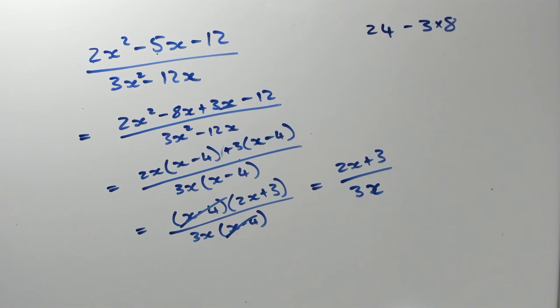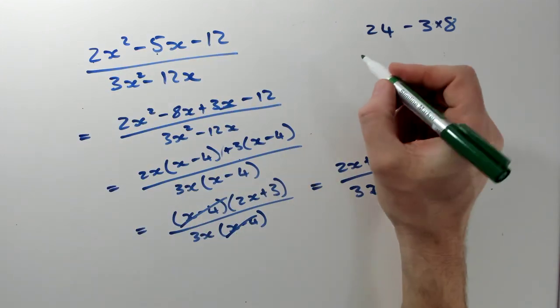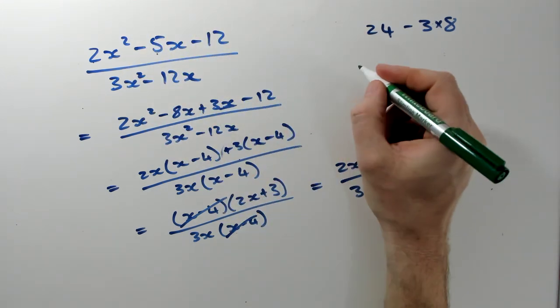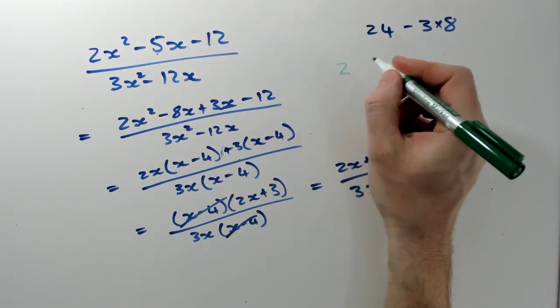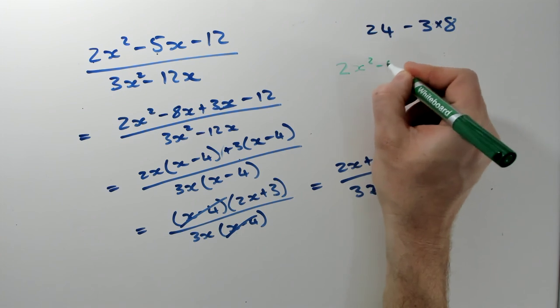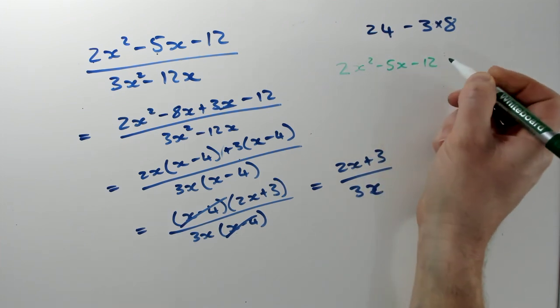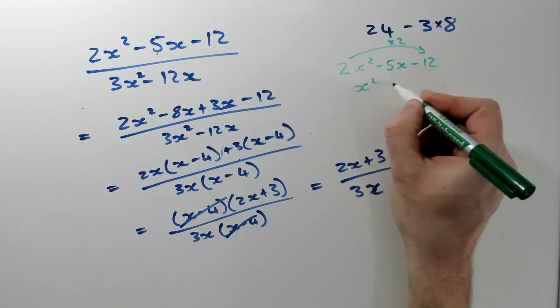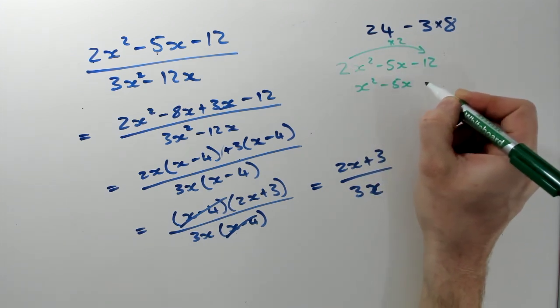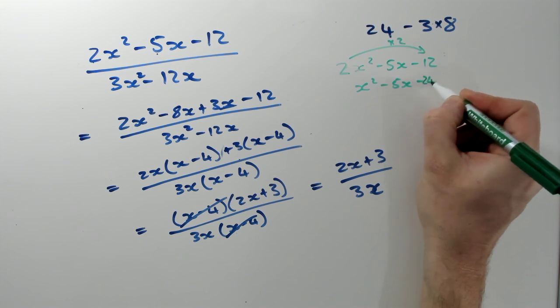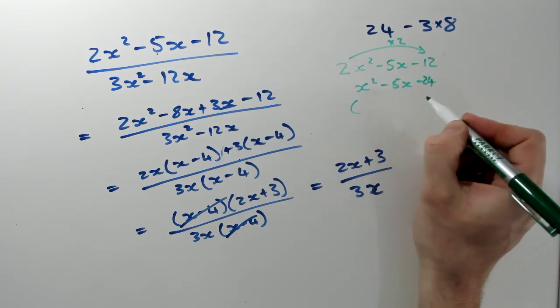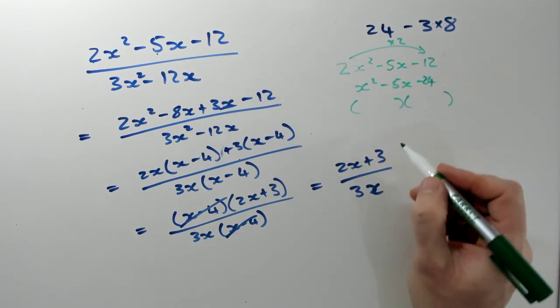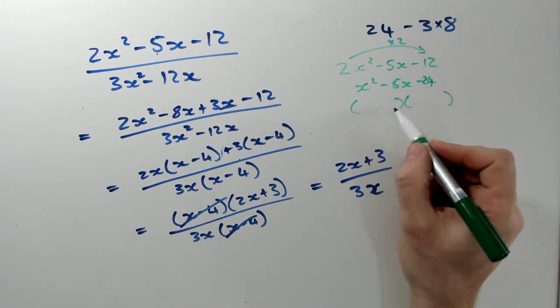Cool. The cheat that I can quickly show you for this is, let's write it there, 2x squared minus 5x minus 12. If I multiply it by 2, this is just a math trick, then this is easier to factorize.